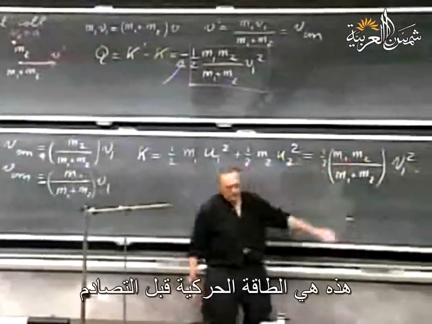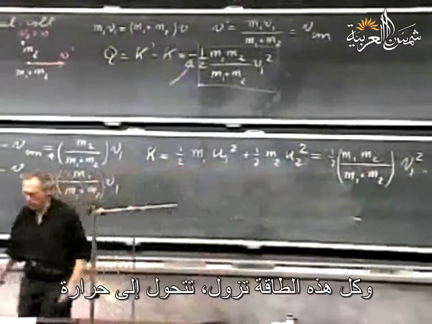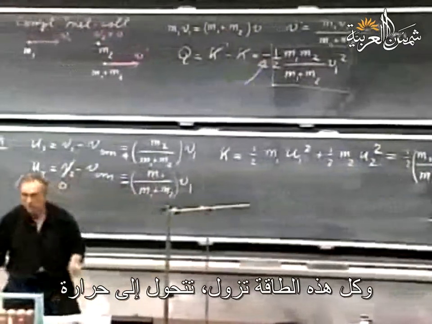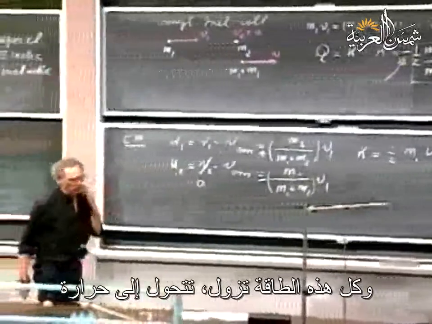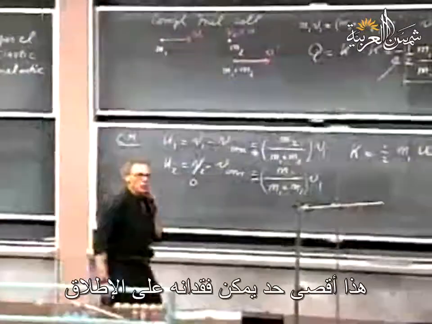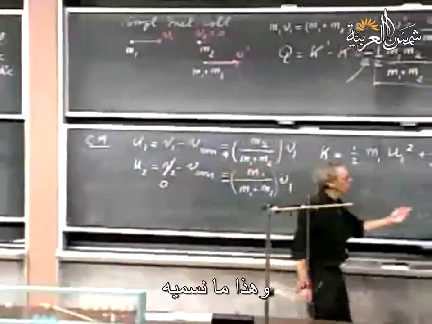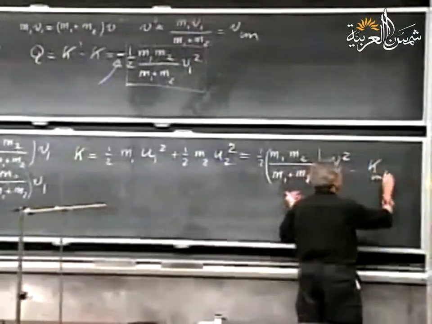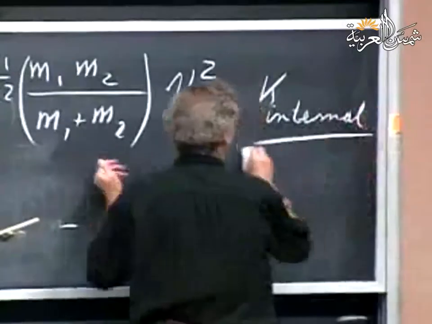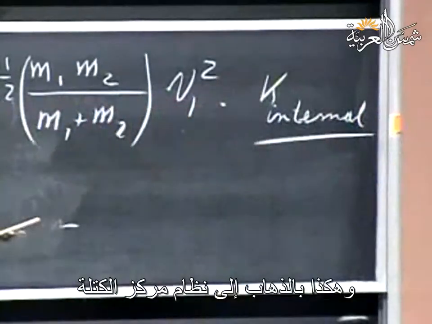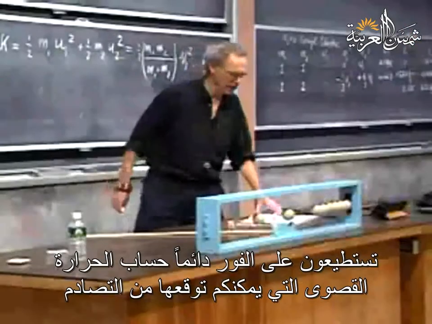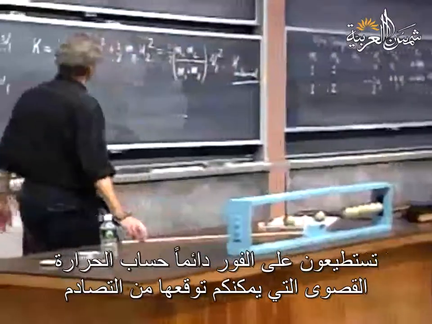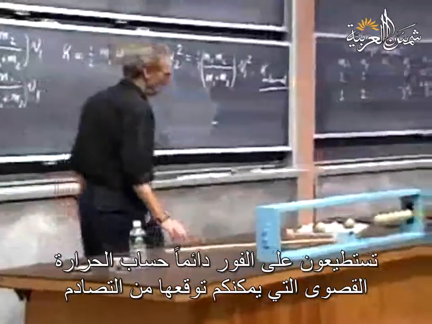You see here, this is the kinetic energy before the collision, and all that kinetic energy went to heat. This is the maximum you can ever lose, and this is what we call the internal kinetic energy of the system. So going to the center of mass system, you can always immediately calculate what the maximum heat is that you can expect from a collision.